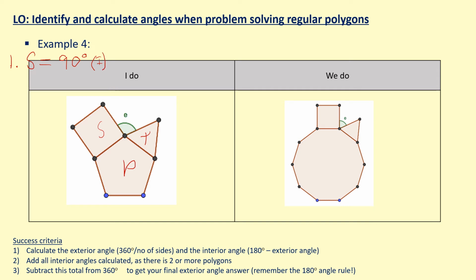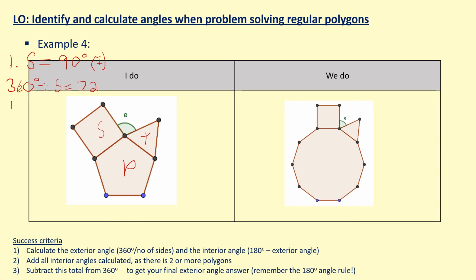Let's go through the other 2 just to check all things. So let's do the pentagon first. We've got 360, just so we keep familiar with this working out. 360 divided by 5 gives us 72.